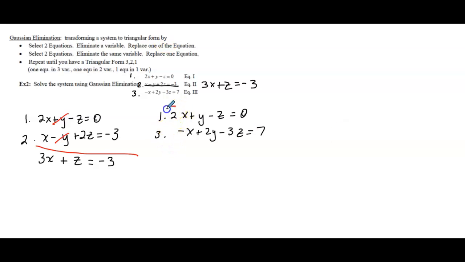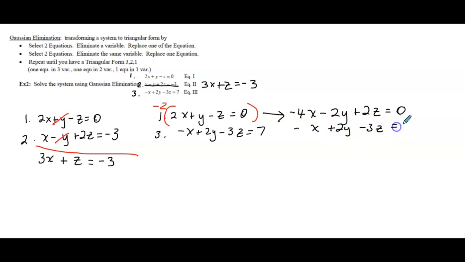If I'm going to get rid of y, this top equation is going to have to be multiplied by a negative 2. I will write this out to the side as negative 4x subtract 2y plus 2z equals 0, and negative x plus 2y subtract 3z equals 7.